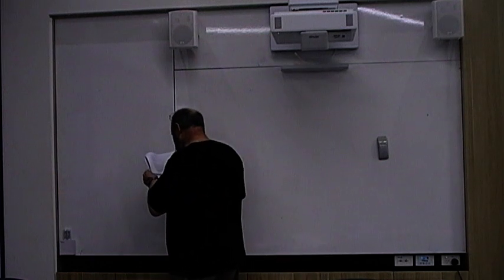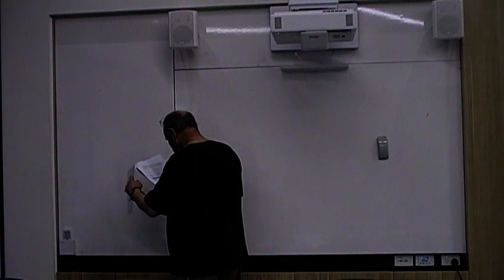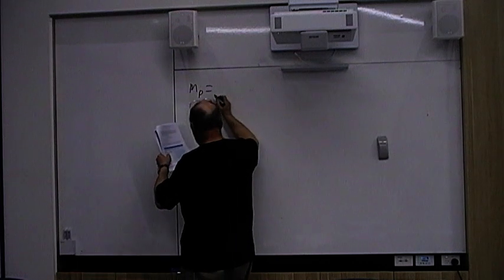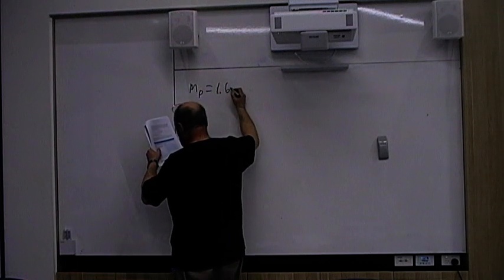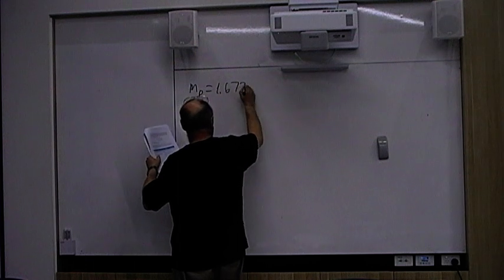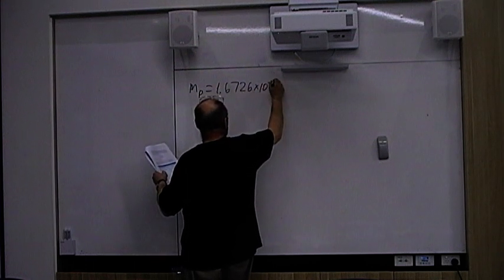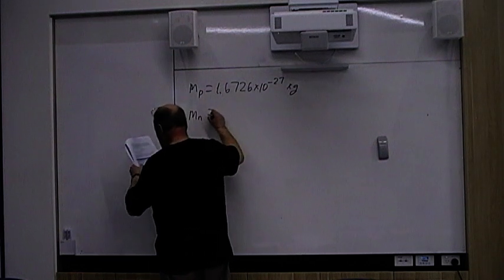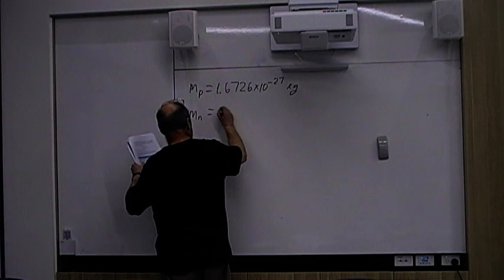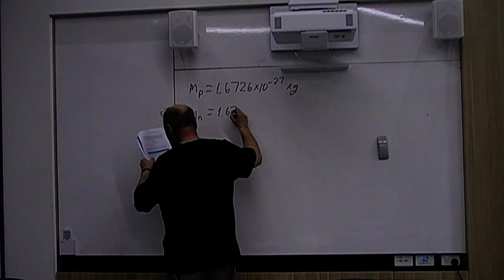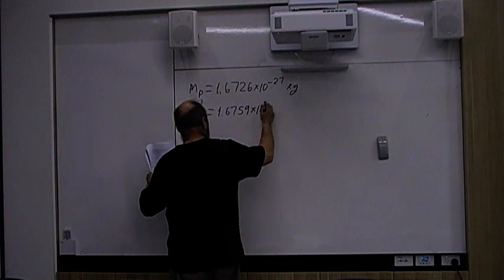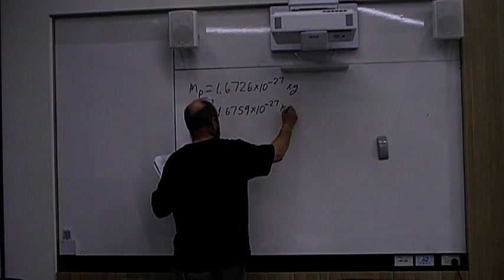If you take the mass of the proton, equal to 1.6726 times 10 to the negative 27 kilograms. The mass of one neutron is 1.6759 times 10 to the negative 27 kilograms.